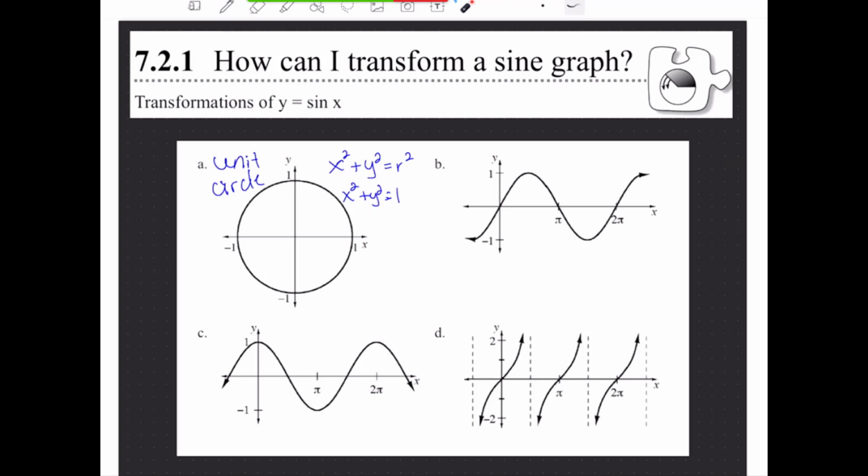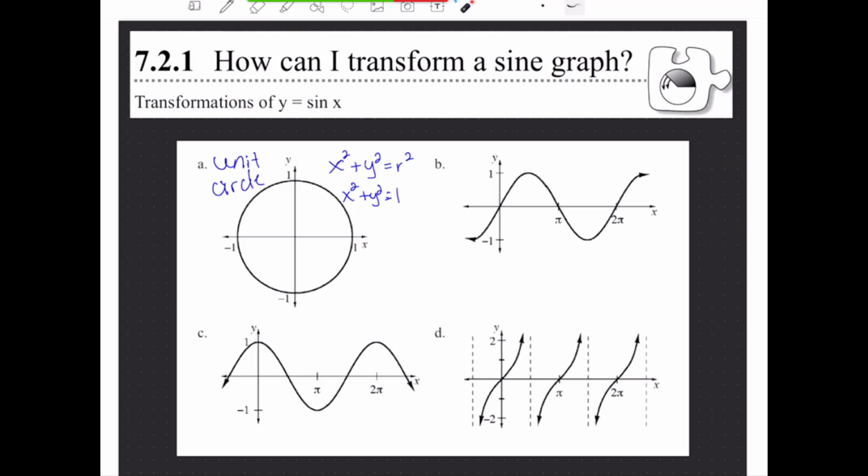All right. So if I look at B and C, which 2 trig functions do you think are represented by B and C? Parabolas. What trig function? One of them starts with a C and the other one starts with an S. Sine and cosine, yep. So these are our sine and cosine functions.